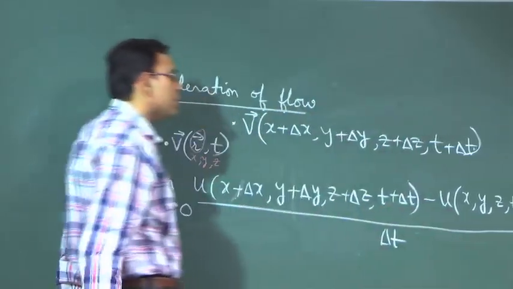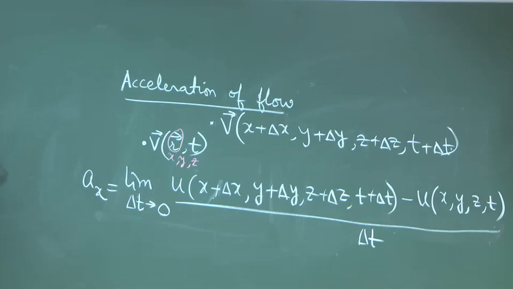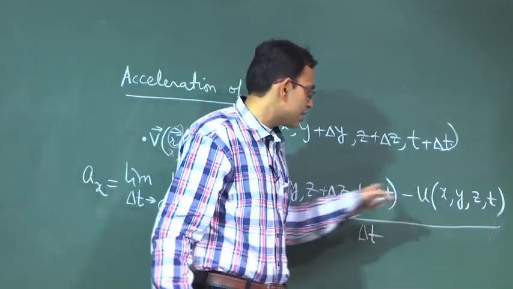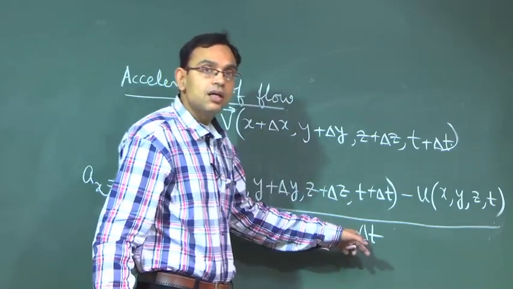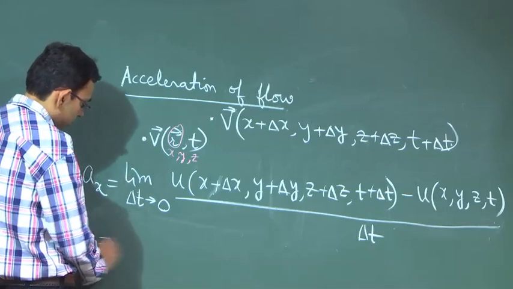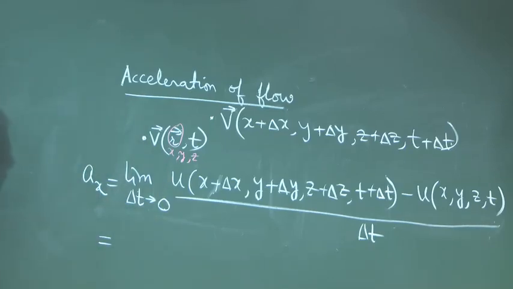So the time rate of change of velocity, the very basic definition of acceleration: new velocity minus old velocity, these are x components because we are writing acceleration along x, divided by delta t in the limit as delta t tends to 0. So what is this?